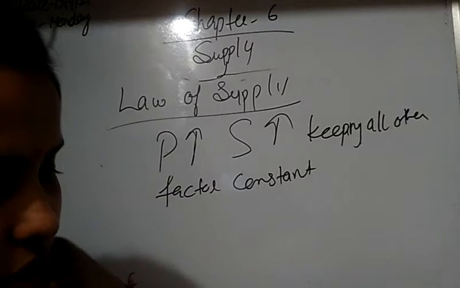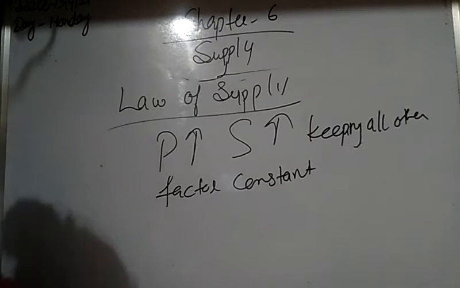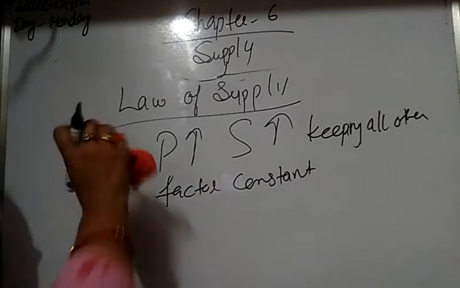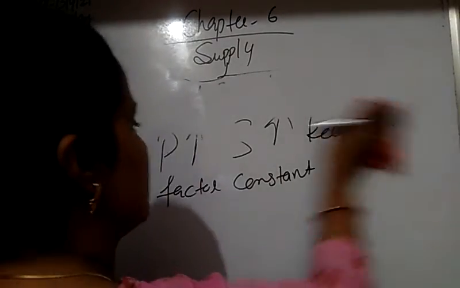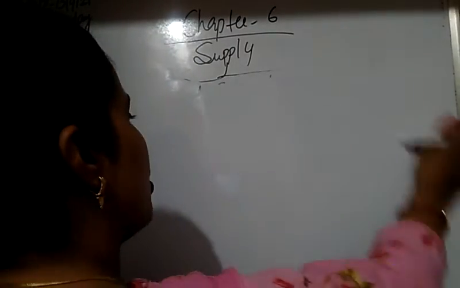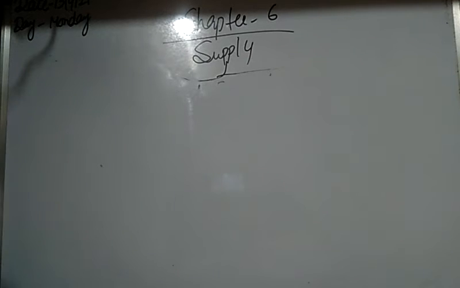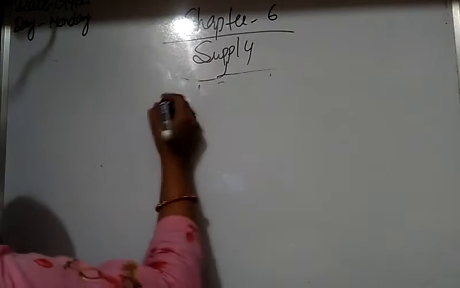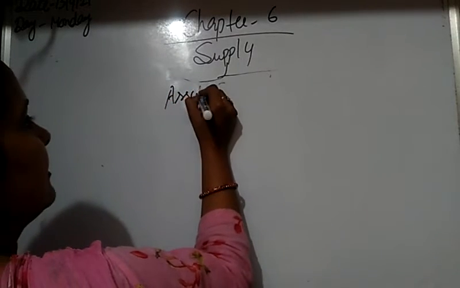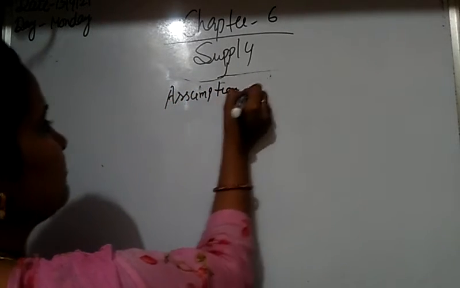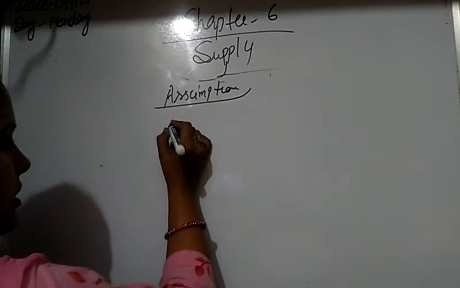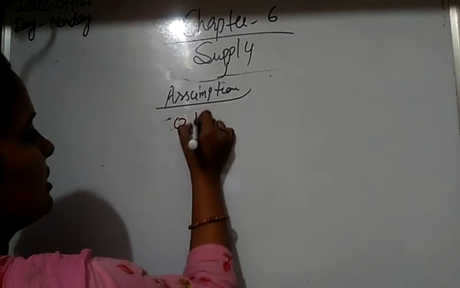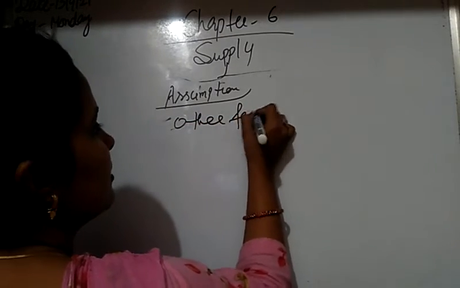Okay students, some assumptions are there to apply the law of supply. The first assumption is that all other factors remain constant: no change in the price of substitute goods, no change in the tax rate, no change in the state of technology.